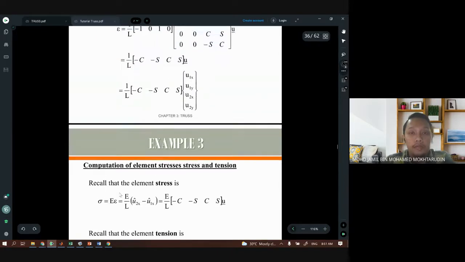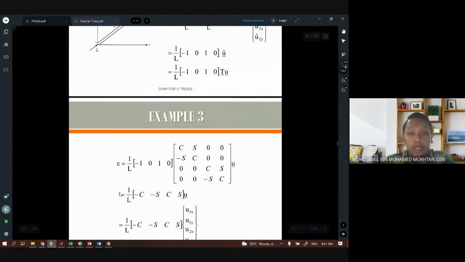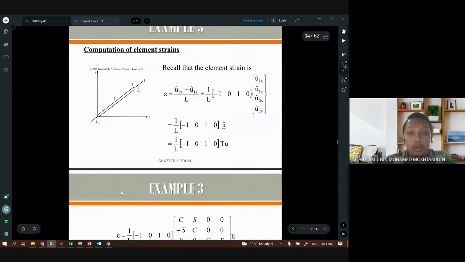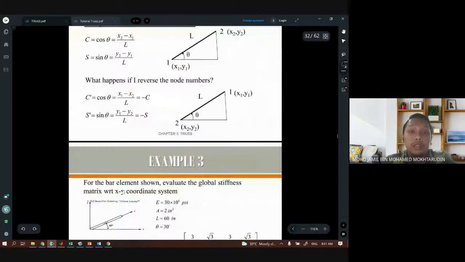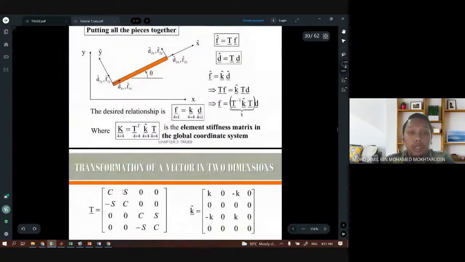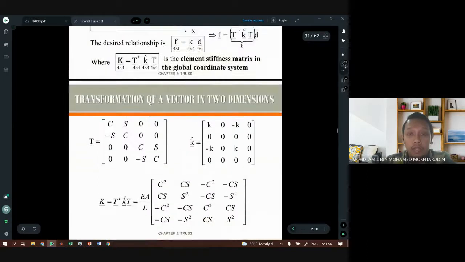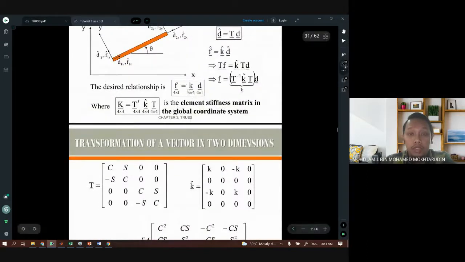So you have 4 formulas that you need to remember for truss. And of course, you need to know this relationship: force equals K times displacement D.